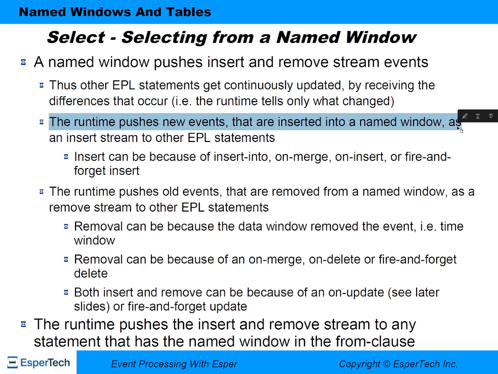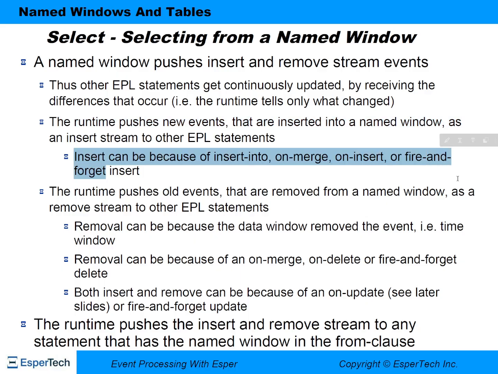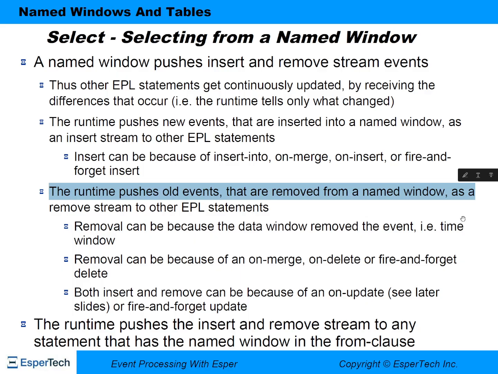The runtime pushes new events, that are inserted into a named window, as an insert stream to other EPL statements. Insert can be because of insert into, on merge, on insert, or fire and forget insert. The runtime pushes old events, that are removed from a named window, as a remove stream to other EPL statements.